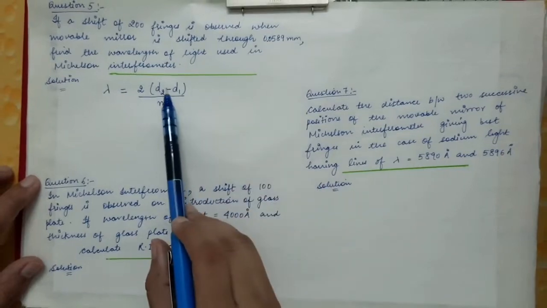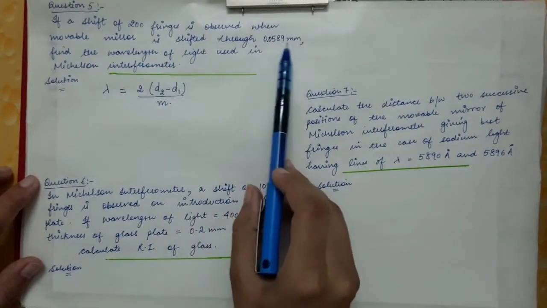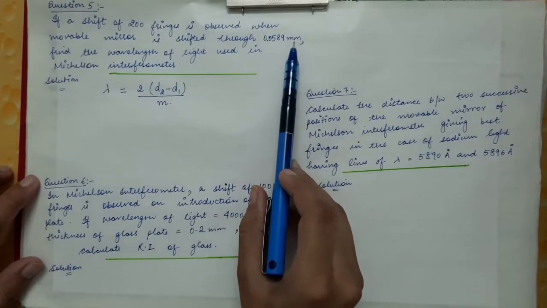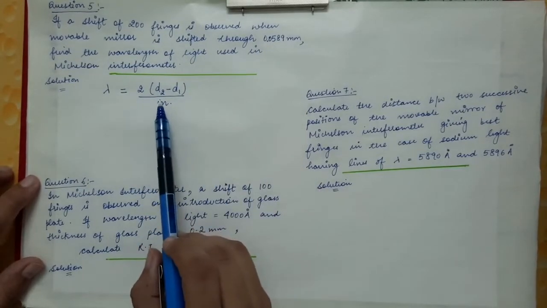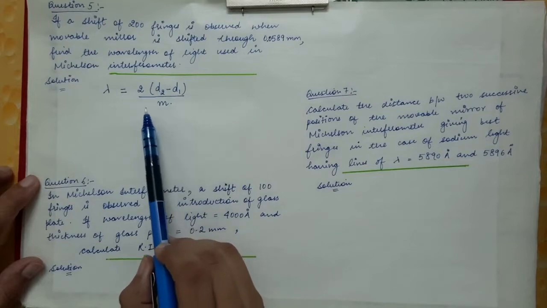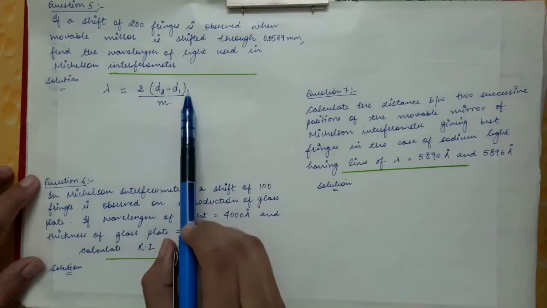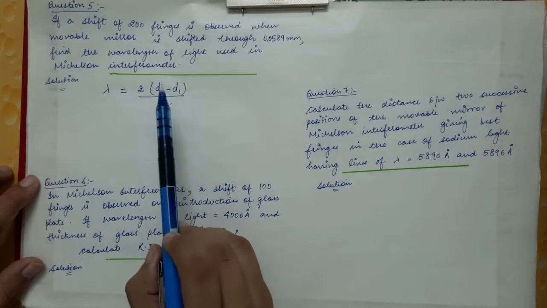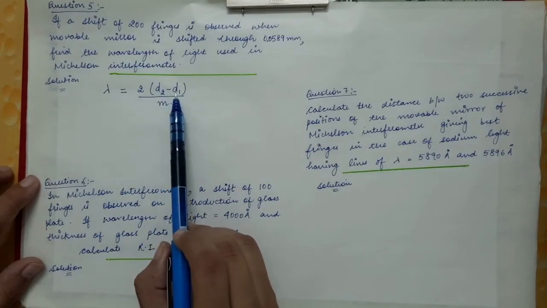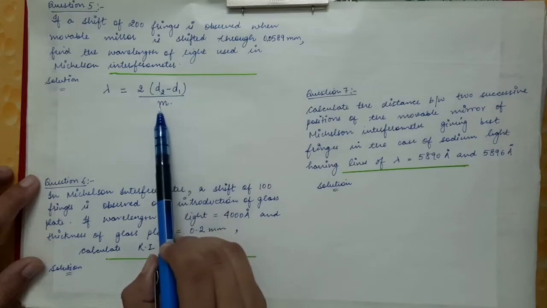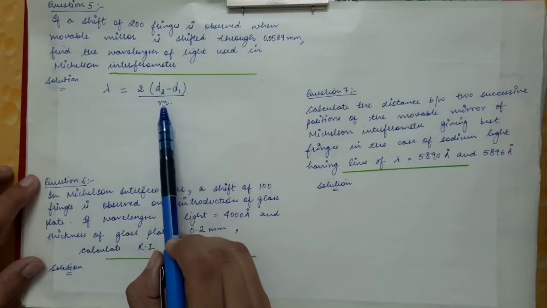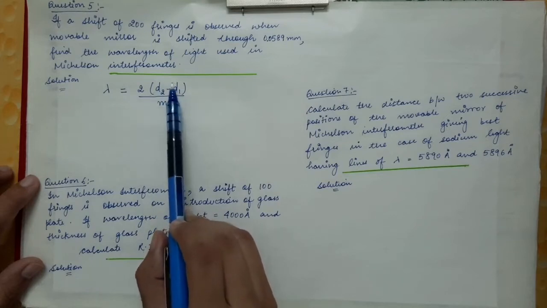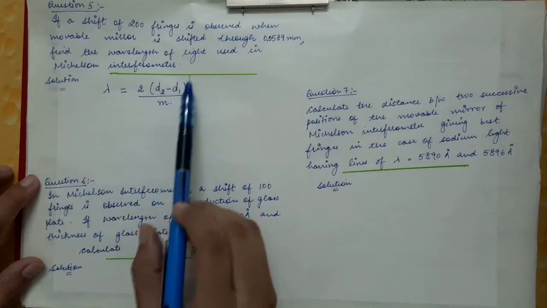So we are directly given d2 minus d1 is equal to 0.0589 millimeters, and m is the number of fringes that shift. So in this formula, d2 minus d1 gives us the distance by which the mirror is moved, divided by the number of fringes that have been shifted according to the movement of the mirror. So we will put all the values that we are given.